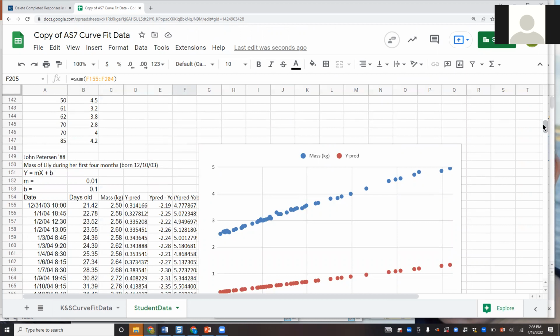So just play with those two values, the M and the B, because this is essentially what, at least for nonlinear regression, the program would be doing. It would be playing with those values, using algorithms to minimize the sum of the square of the residuals.